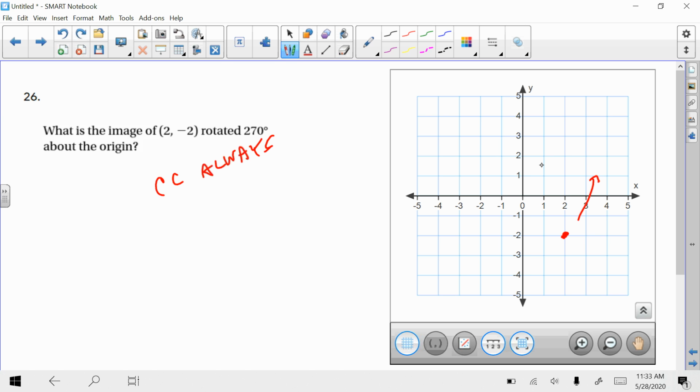Okay, if you went 90 degrees, and I can just draw in a line here, we would want to make this a 90-degree angle. So we would land there. And then if we went another 90 degrees, we would land there. And if we went another 90 degrees, we would land there. So there we are at (-2, -2).